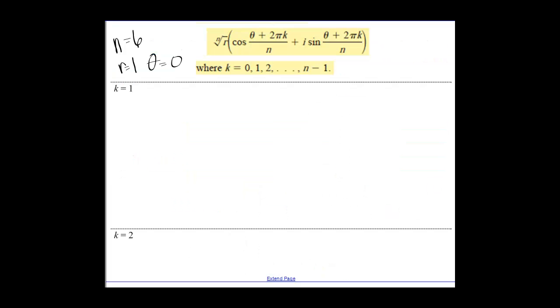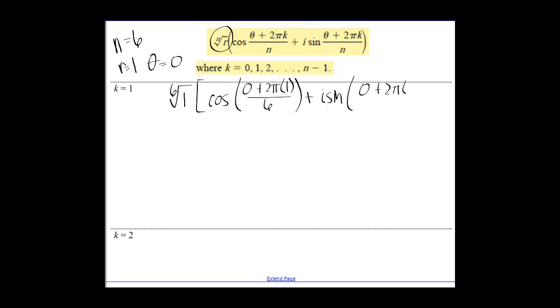Same process for k equals 1. Out front, we still have the nth root of r, so the 6th root of 1. Open bracket, cosine, my theta value is still 0, plus 2 pi, my k value is now 1, all over my n, which is still 6, plus i sine of 0 plus 2 pi times 1, all over 6, close bracket.